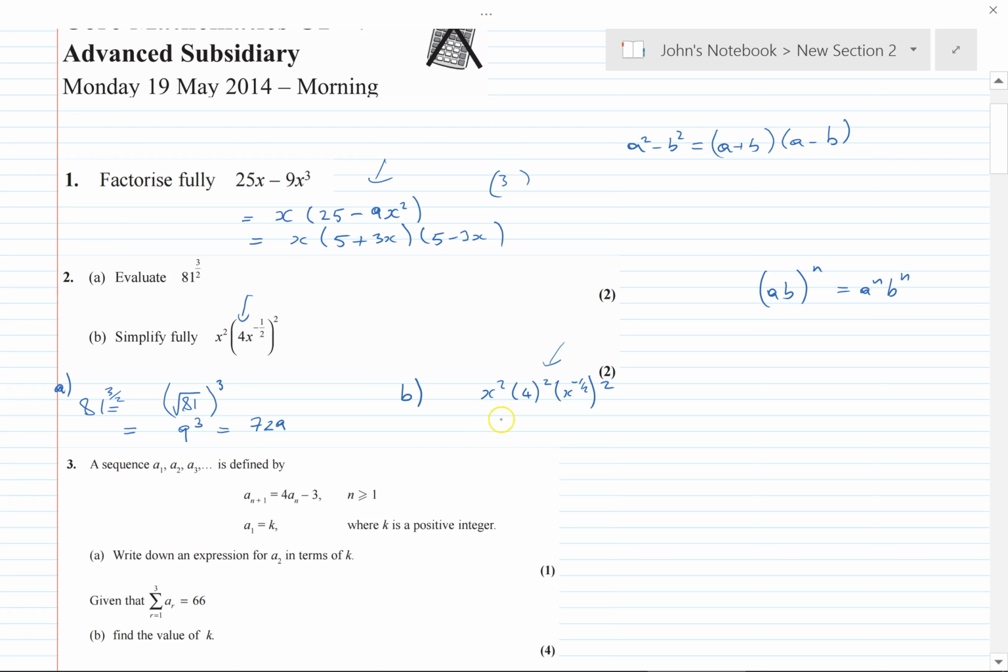So that makes this x squared times 16, x to the minus half squared is x to the minus 1. Because we've got x^m to the n is equal to x^mn, one of the rules of indices. And now we've got the x squared and the x to the minus 1 cancelling with each other, so that's equal to 16x.